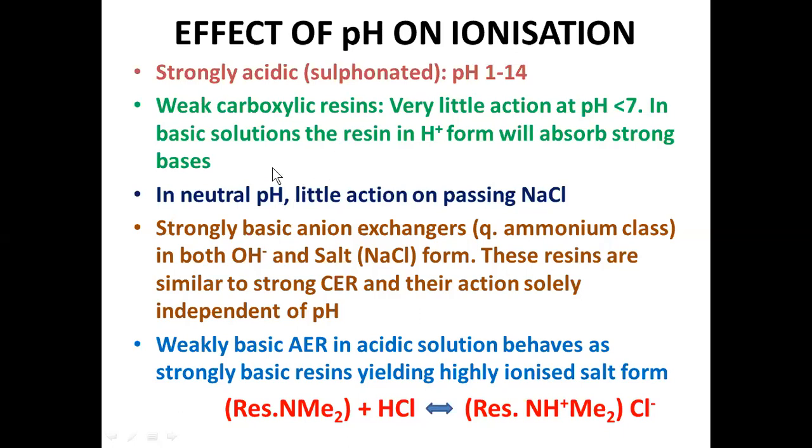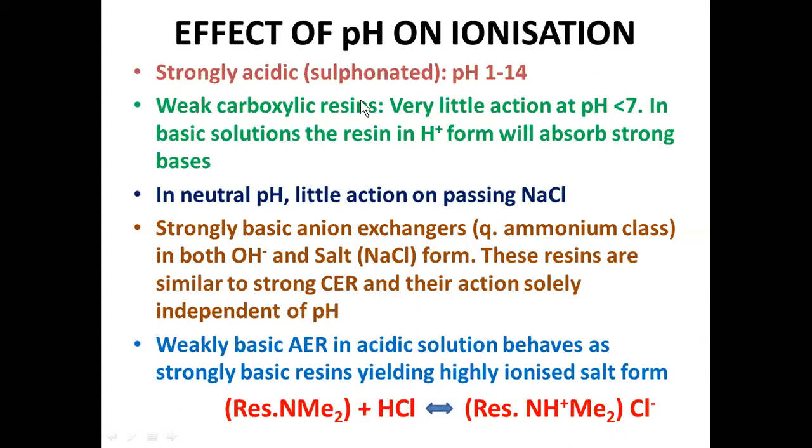In neutral pH, if you pass sodium chloride solution, there will be very little action, because sodium chloride is a neutral solvent. This will dissociate to get converted to Na plus and Cl minus. So if your resin is a positively charged, free-ion-containing resin, Na plus is going to be exchanged. If the resin is an anion exchange resin, chloride is going to be exchanged.